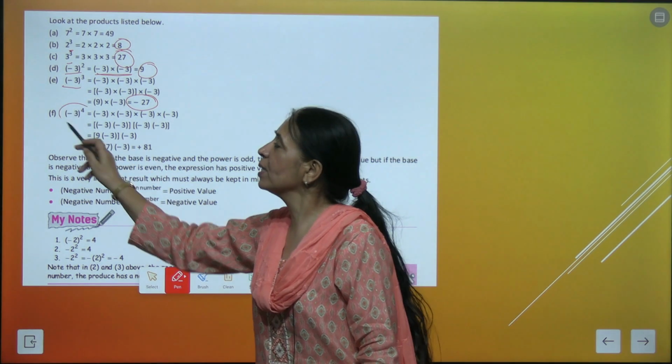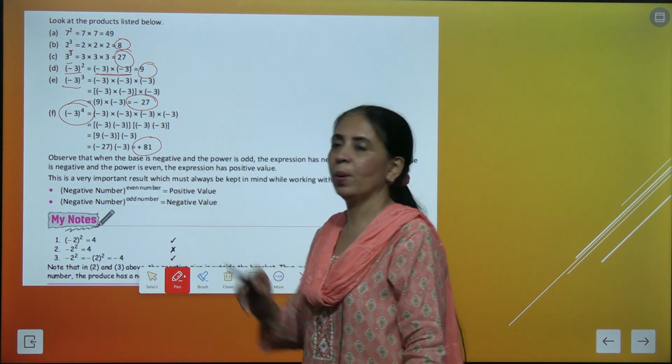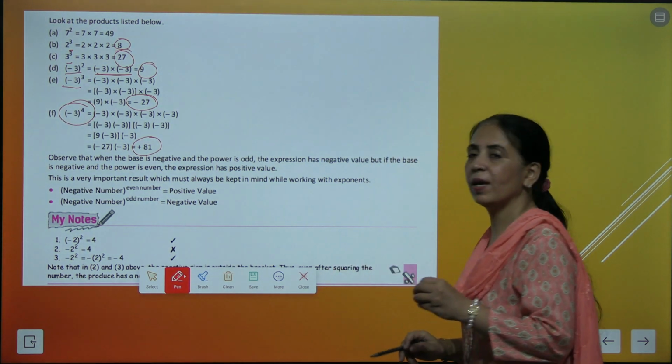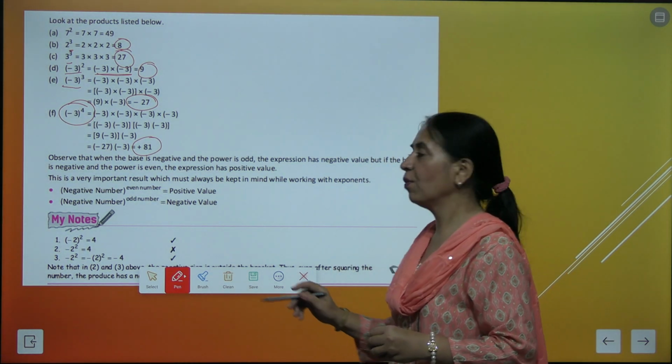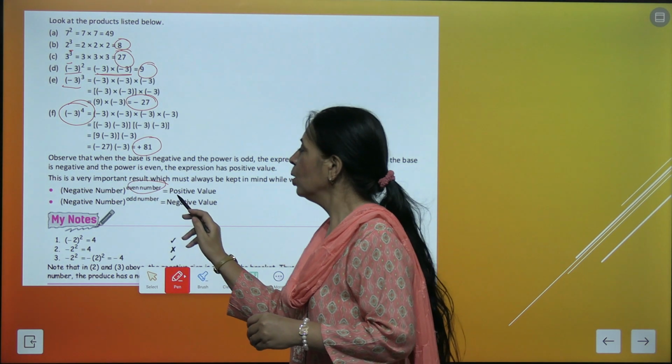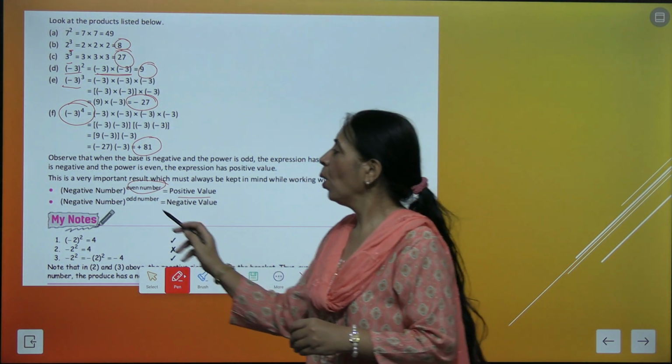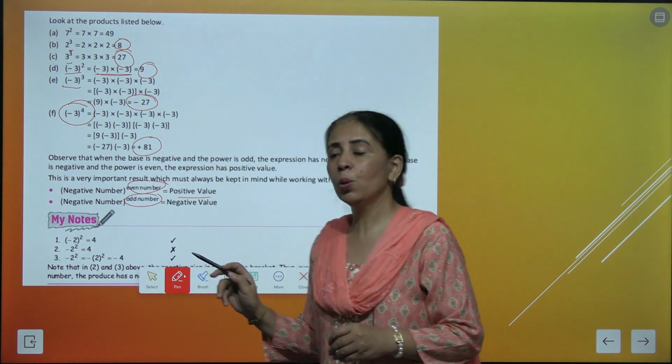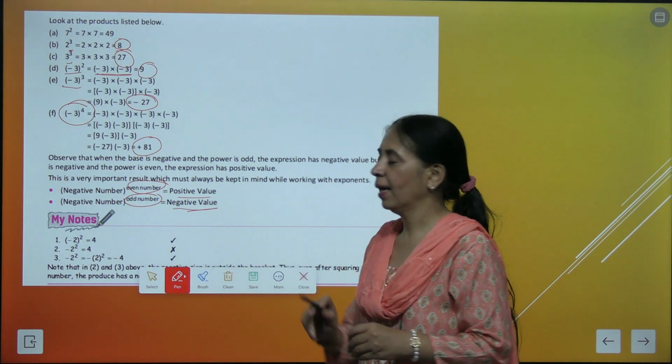Similarly, -3 raised to the power 4 is equal to 81. अब हमने क्या ऑब्जर्व किया कि अगर कोई नेगेटिव नंबर की पावर इवन होती है तो हमें रिजल्ट पॉजिटिव मिलता है, और नेगेटिव नंबर की पावर अगर ऑड होती है तो हमारा रिजल्ट नेगेटिव होता है.